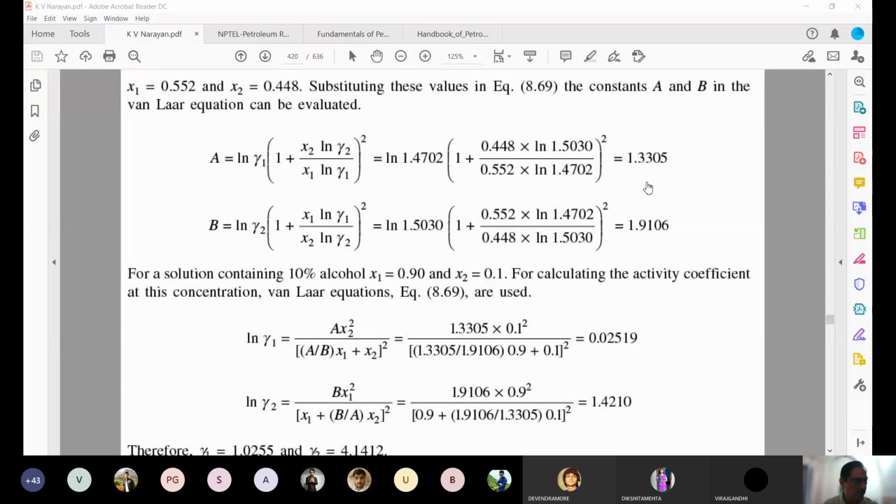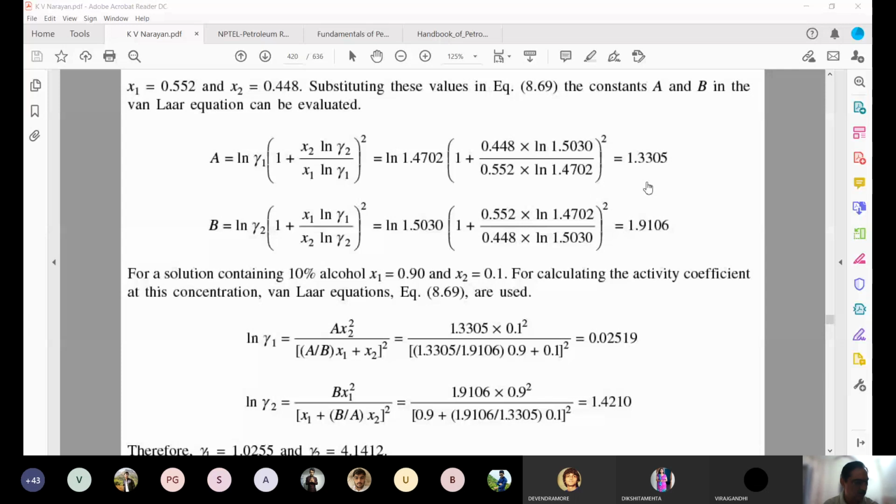We can take any component as component 1 and any other as component 2. And Siddhi, last week you asked whether gamma 1 and gamma 2 will always be positive, greater than 1 or less than 1.